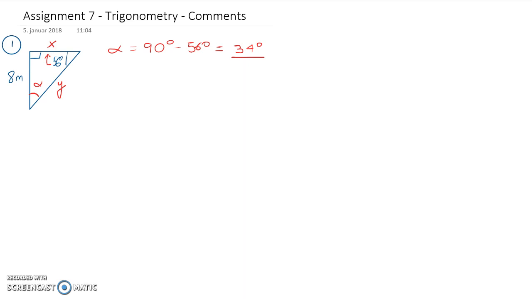So we may be tempted to say that when we are finding x, we can use the cosine of 56 degrees, because then we will use the side that is adjacent to that, so x divided by the hypotenuse, which in this case is y.